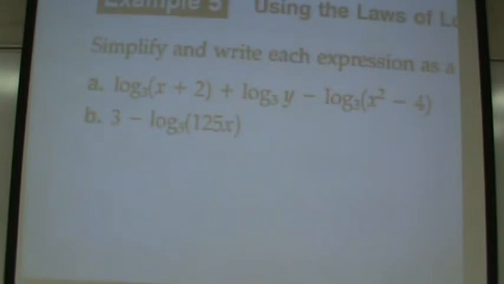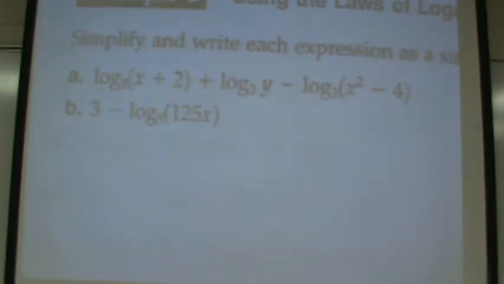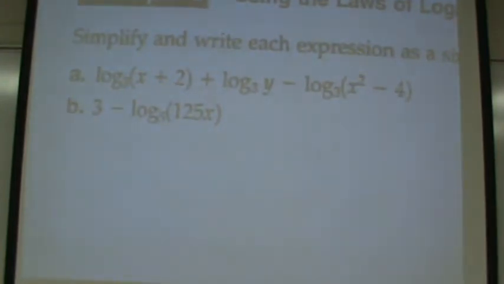Okay, flip it over. Okay, what are you going to do to condense this? Let's do A. Condense A. So we are going to have a product, and then we have a quotient.